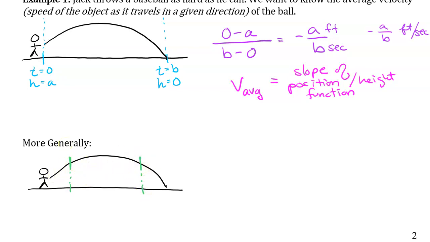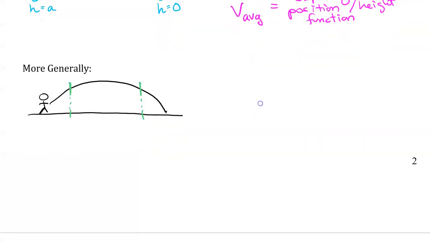Okay? Very general formula. Now we do know that this curve here is the position function. So it's the height of the ball as it travels through the air. So if we have the height here as A, excuse me, no, that's time.